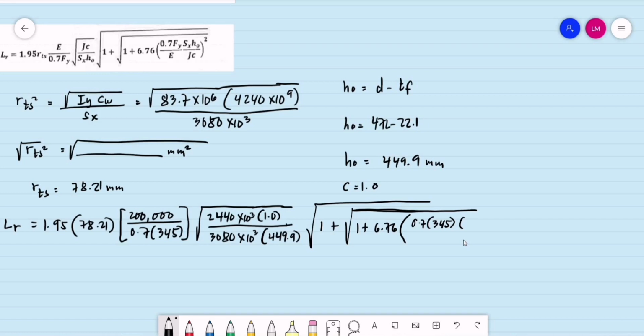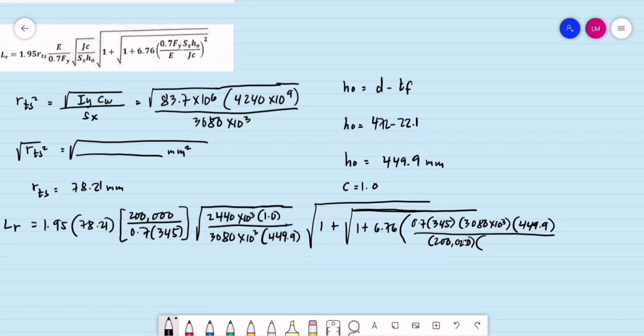Our S sub X is equal to 3080 times 10 raised to 3. Then multiplied by h sub o, we have that as 449.9. Then to be divided by the modulus of elasticity, this is 200,000 megapascals.